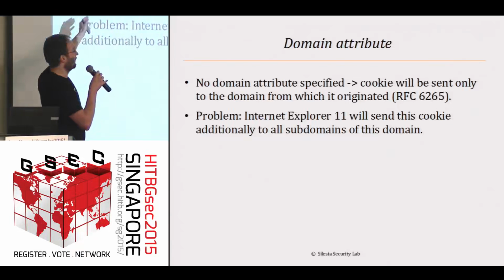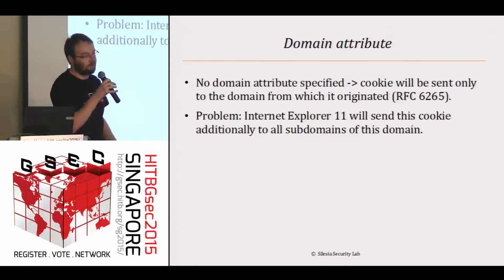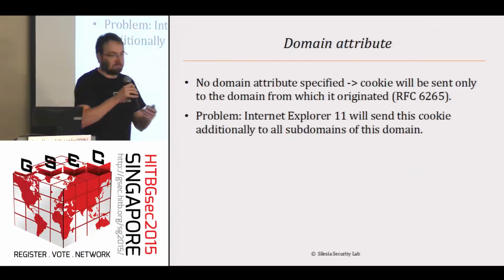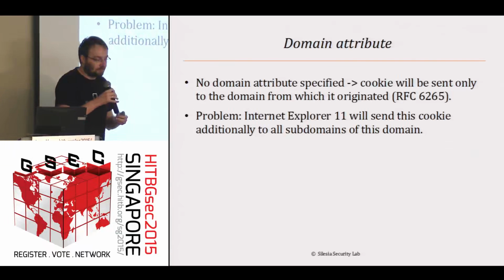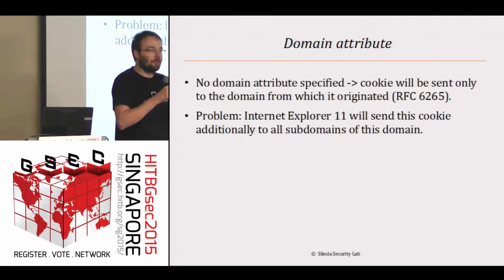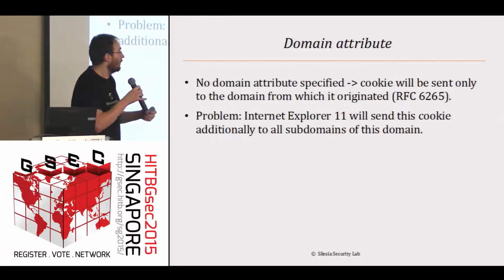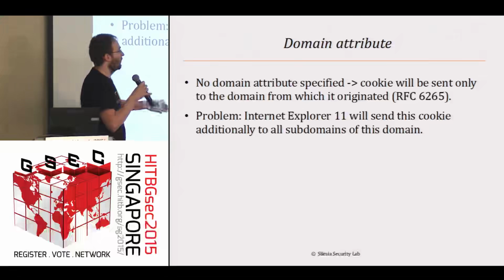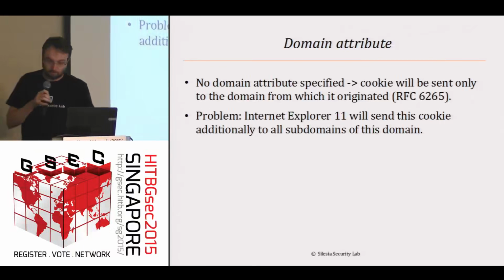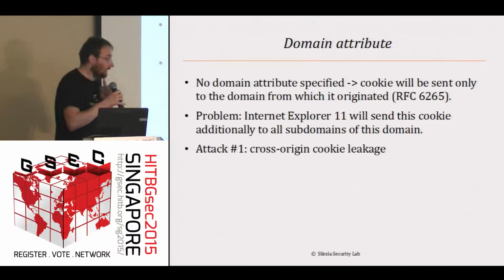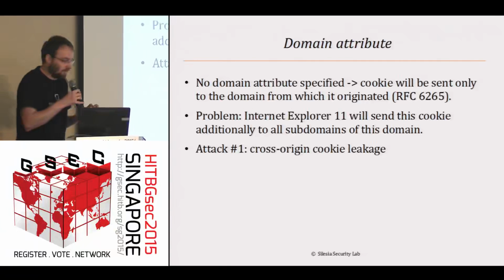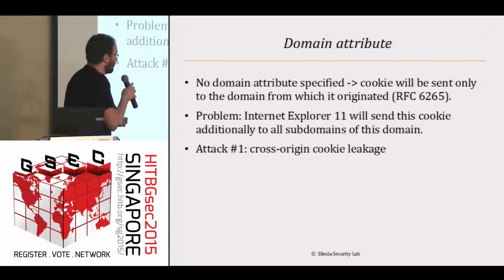So it is completely not taken into account by Internet Explorer. So even if we are skilled developers and we have read the RFC very carefully, and we feel that we know how to do it securely, Internet Explorer 11 will not help you in this case. So keep it in mind. What about attack scenarios? As always, we want to discuss some attack scenarios because that's always the most interesting part.